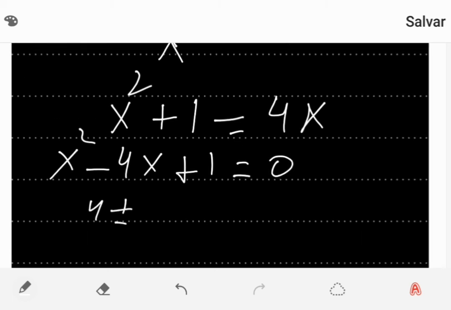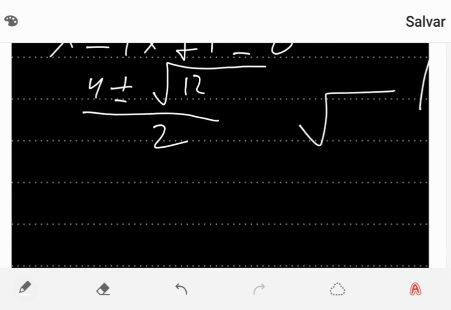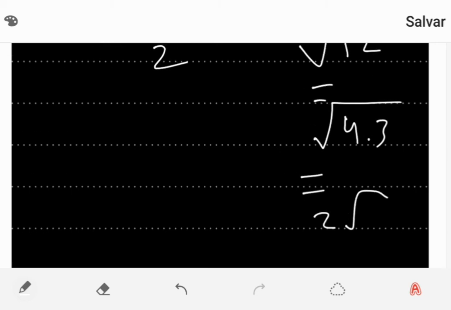So 4 plus or minus the square root of 16 minus 4, which is 12. Okay, just solving the quadratic formula, minus b plus or minus delta divided by 2a. So divided by 2. Now you need to remember that 12 is equal to 4 multiplied by 3, which gives 2 square root of 3.